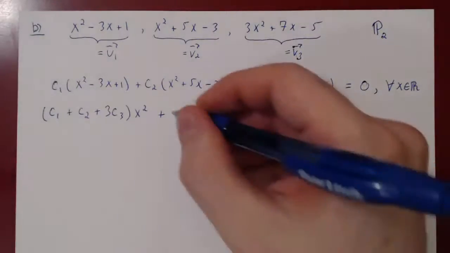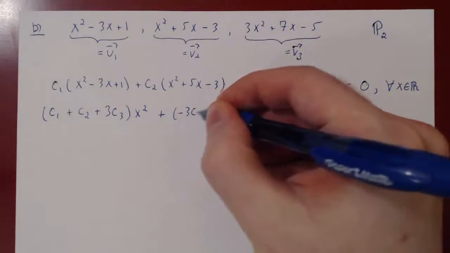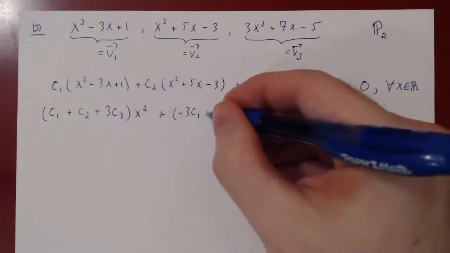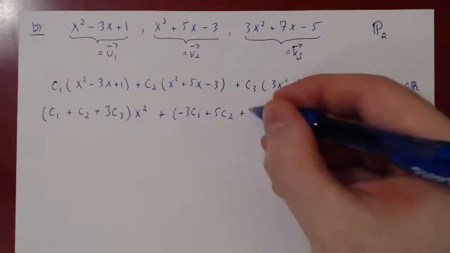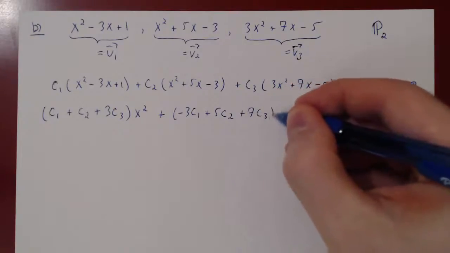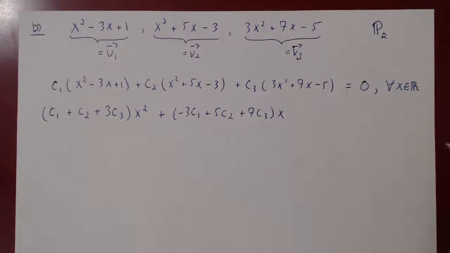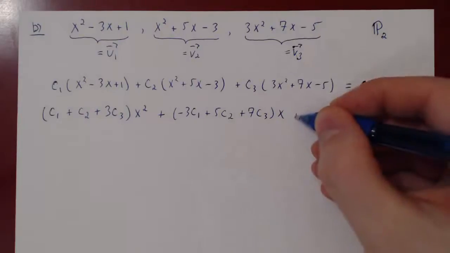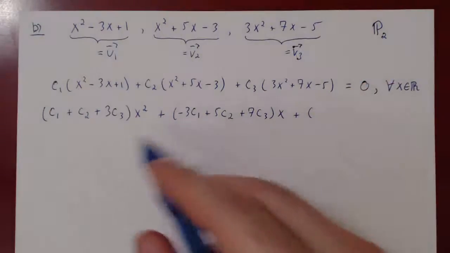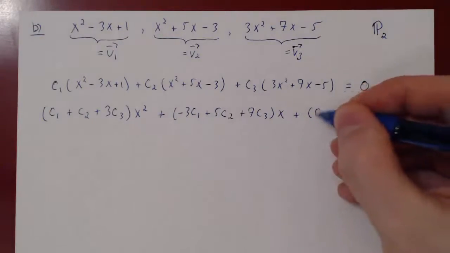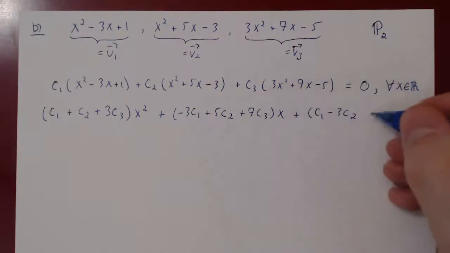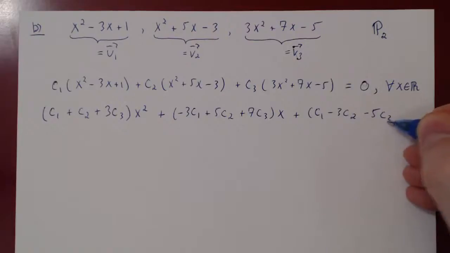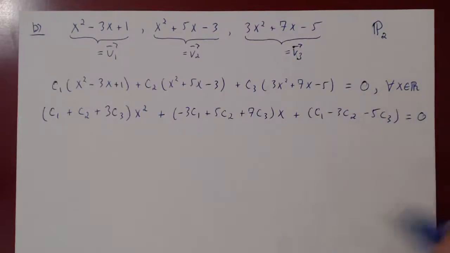Well, negative 3c1 plus 5c2 plus 7c3 times x, and the constant term, plus c1 minus 3c2 minus 5c3. And once again, this equals the zero polynomial.